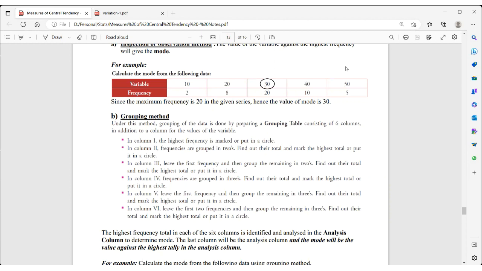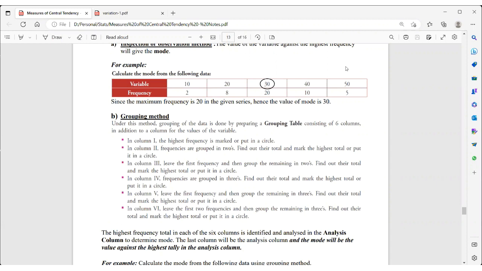See how you calculated this mode of 30. You saw that where the frequency is maximum, that is 20, the corresponding value is the mode. So you are just observing which one is the maximum value.